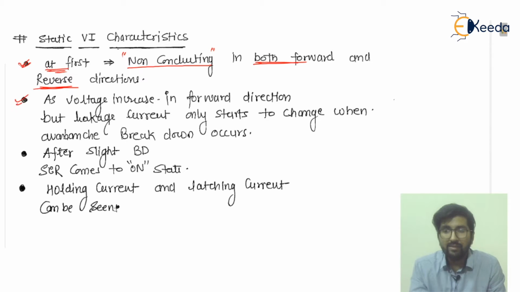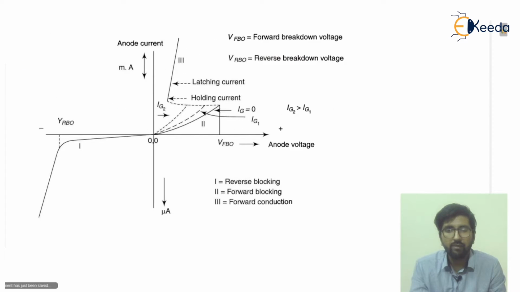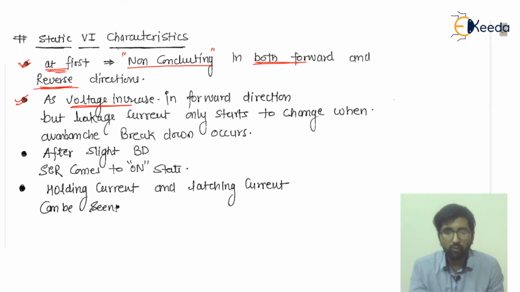Now as we increase the voltage level, as seen in this graph, I will show you. But before proceeding to the graph, I want to complete this point. Voltage increases in the forward direction, meaning it is in the forward biased condition. This is the anode and this is the cathode, and we are applying the positive potential here and the negative potential there.